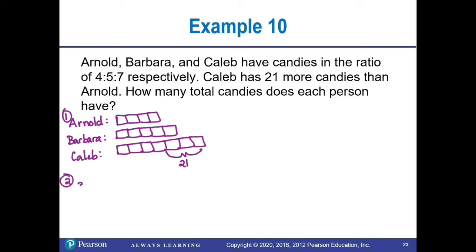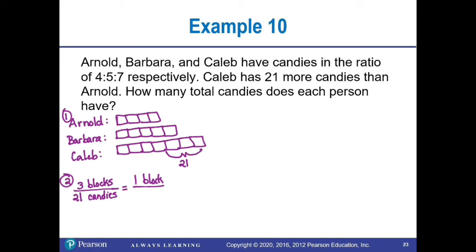So those 3 blocks represent those 21 candies. I'm going to set up a proportion. 3 blocks represents the 21 candies. Now I want to know how much 1 block represents, and then that will help me know how many candies Arnold has, how many candies Barbara has, and how many candies Caleb has. So set up your proportion. Since we use the blocks on top in the first ratio, then the block goes on top in the second ratio.